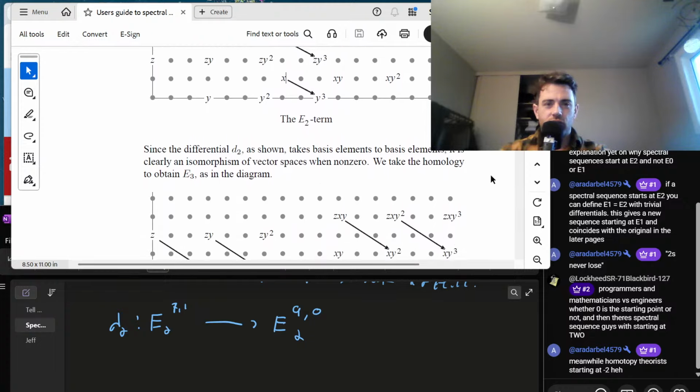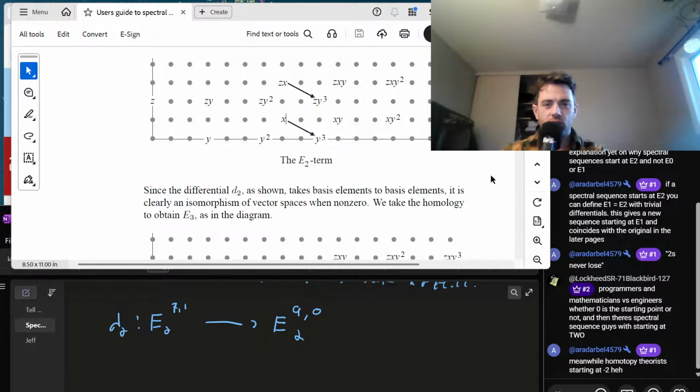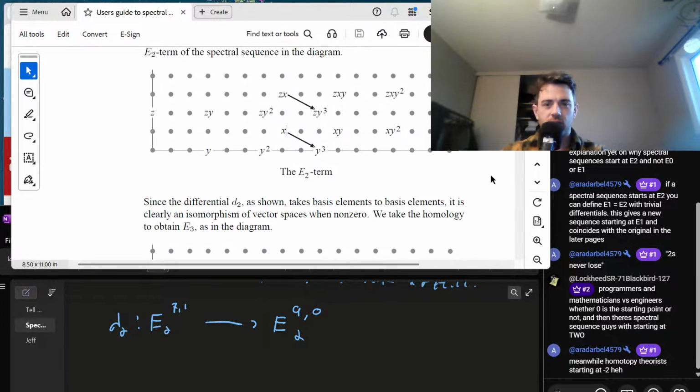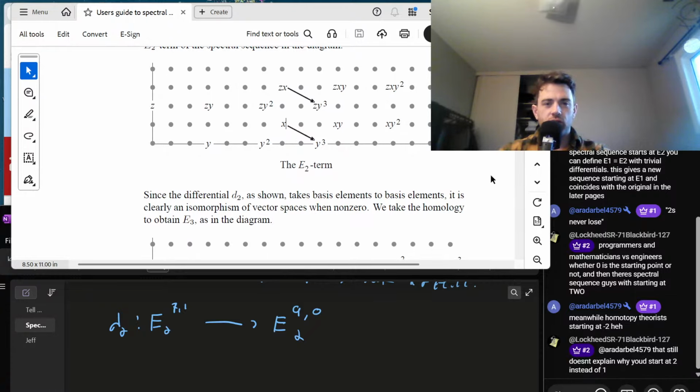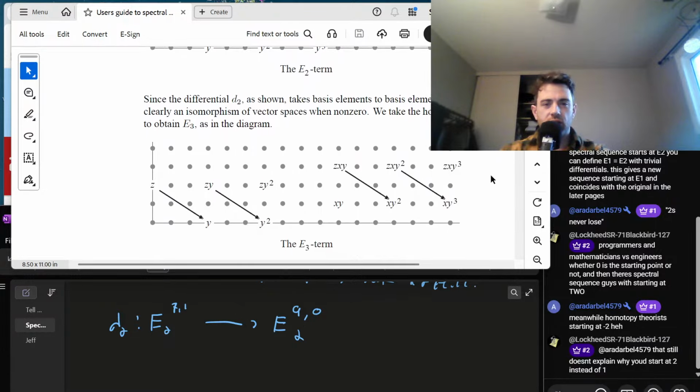Since the differential d2 as shown takes basis elements to basis elements, I guess it does. It is clearly an isomorphism of vector spaces when non-zero. We take homology to obtain E3 as this diagram.